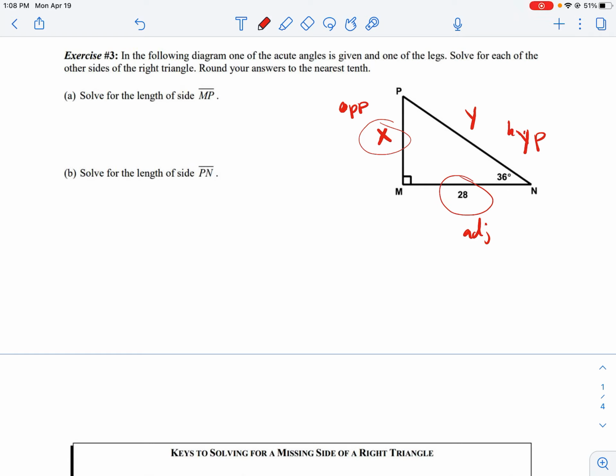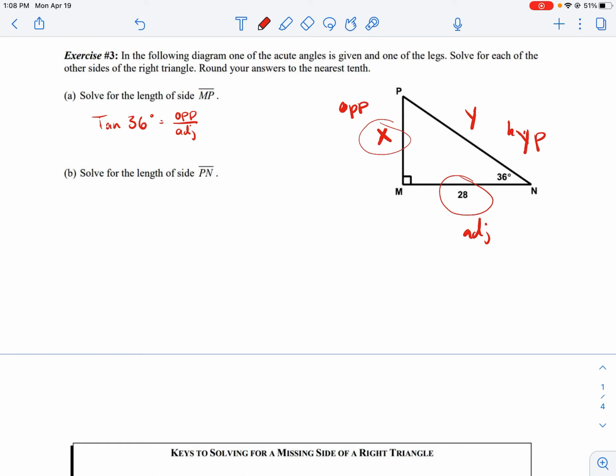Which one of our trig functions involves our adjacent and opposite side? Well, that's got to be tan. So tan of 36 degrees is equal to our opposite over adjacent. Again, your calculator already has that ratio.